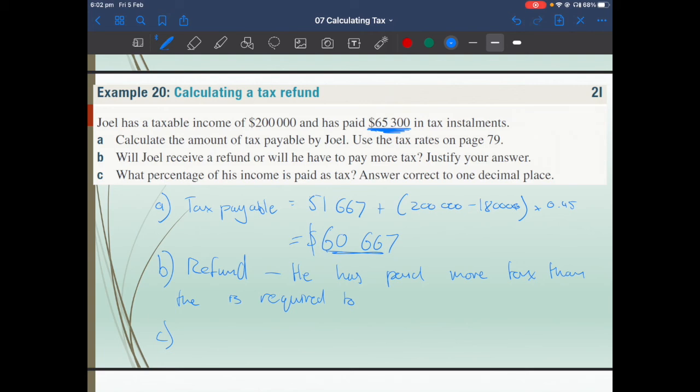To find out what percentage of his income is paid as tax, we divide the amount that he paid by the total, and then times it by 100. So he's paid 30.33% of his income as tax.